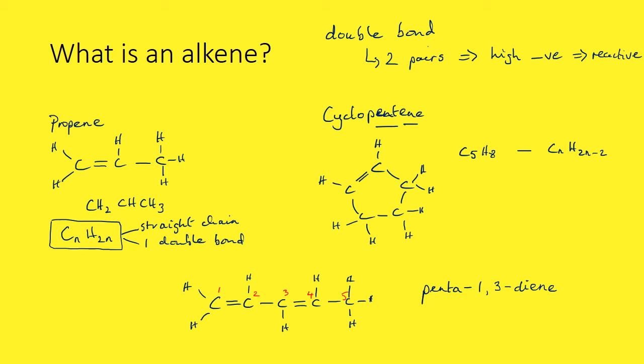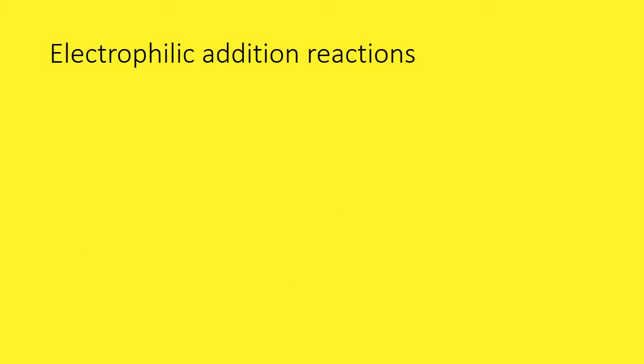So there's a bunch of alkenes, their names and their displayed formulae. What we're going to do next is have a look at how they react, remembering that the double bond is a high density of negative charge, which makes it very reactive. Okay, the mechanism by which alkenes react is called electrophilic addition.